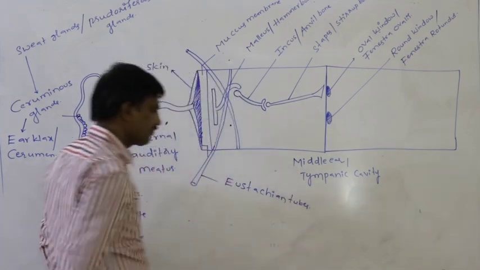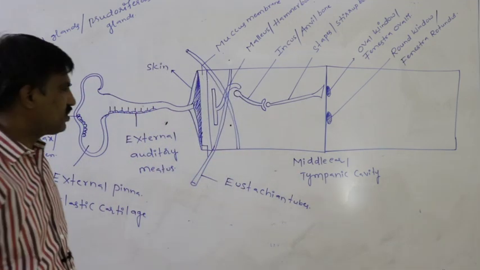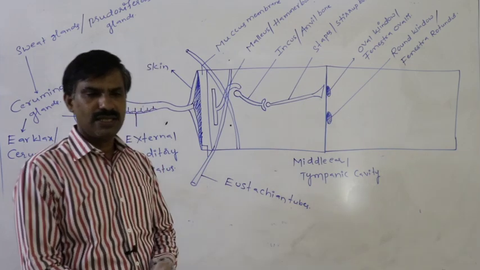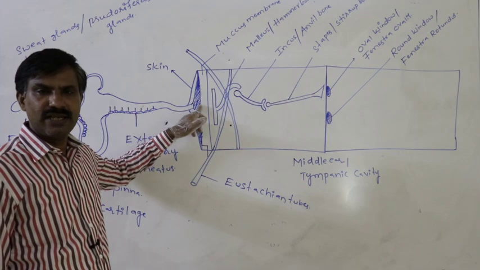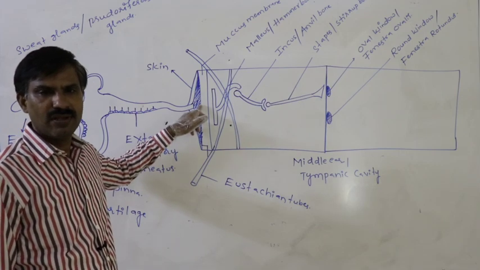What is the use of the Eustachian tube? They cause equal pressure on either side of the tympanum.